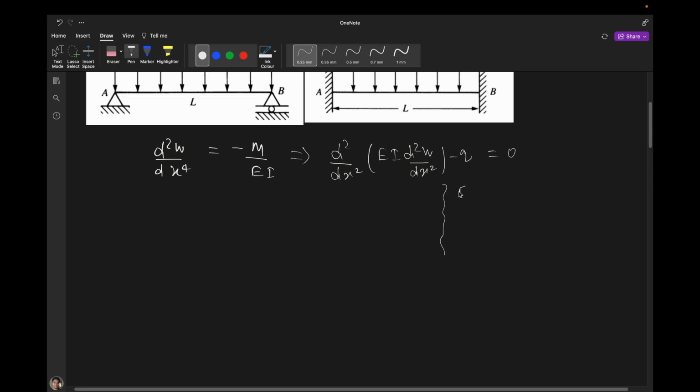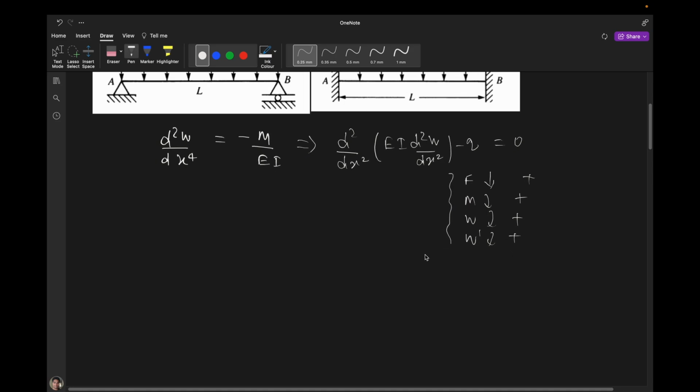Like if it is downward, then we will take it as a positive moment. If it is clockwise, then we will take it as a positive load, displacement. If it is downward, then we will take it as positive, and slope, if it is downward clockwise, then we will take it as positive. So this is the governing equation. We will try to convert it into the variational form.